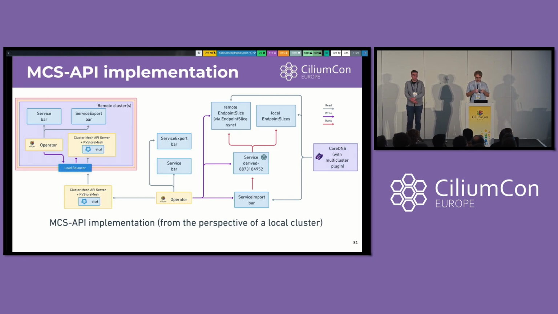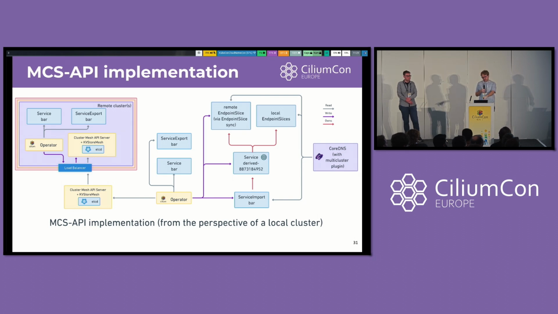And now, regarding the hard part, which is the implementation of it, this is a schema representing the view of a local cluster, essentially. On the left part, you have how you get info about all your exported services. Basically, this will reach the cluster mesh API servers of the remote clusters.